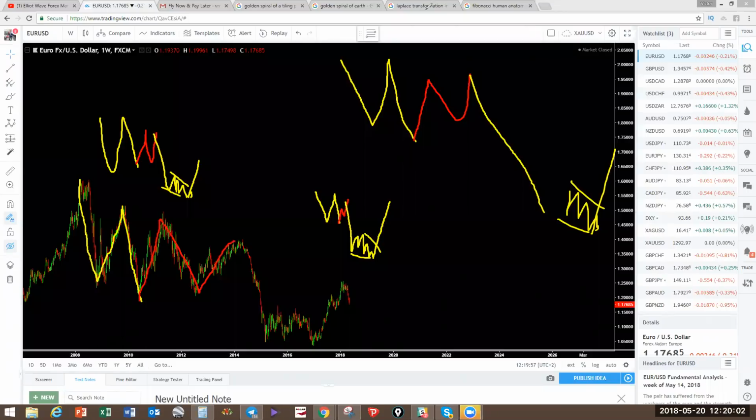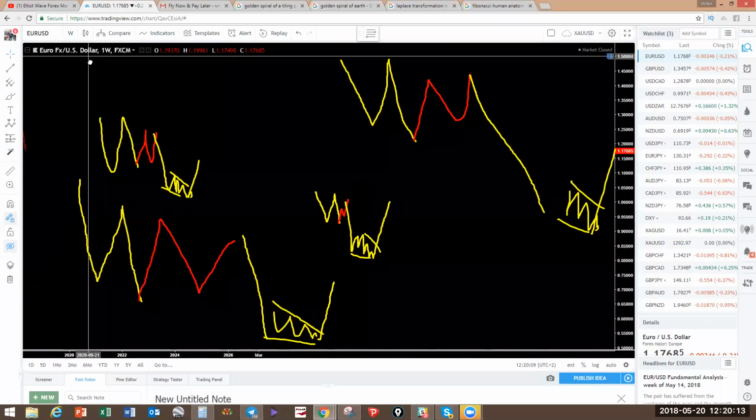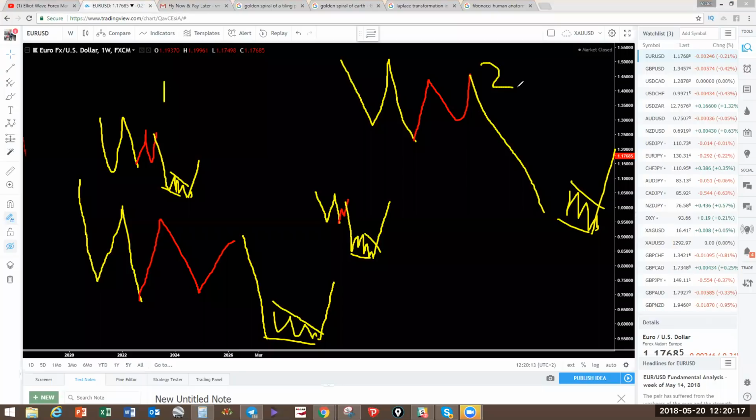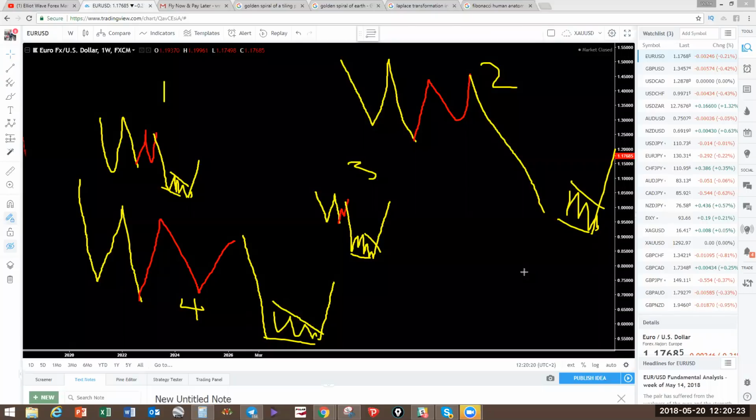What do you get after that? You get a move to the downside. What do you get after that? You get a V pattern. What does the V pattern do? It changes direction. So this is why, if I just remove the price, you'll see that 1, 2, 3, 4, 1, 2, 3, 4 patterns doing exactly the same thing.